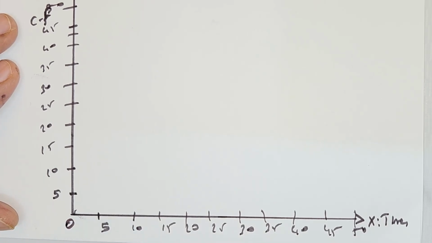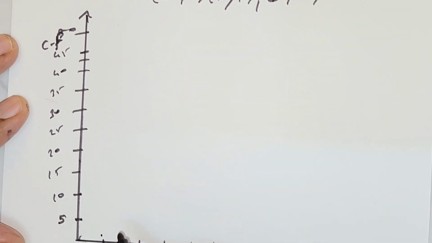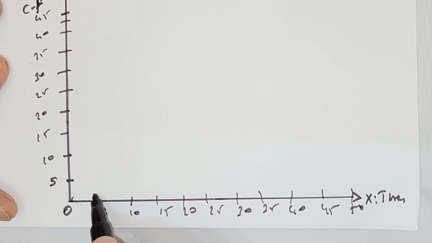So this is 0. Now 5 minutes. How many students have completed the test within 5 minutes? Just one student. You see, 5 and 1. Just one student. So I'm plotting it.